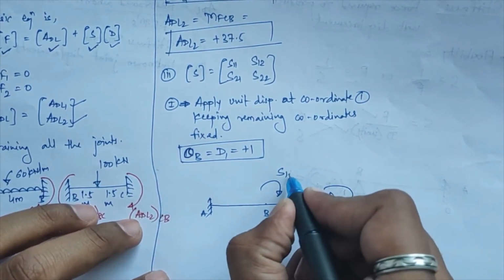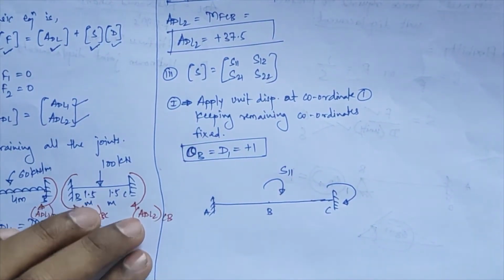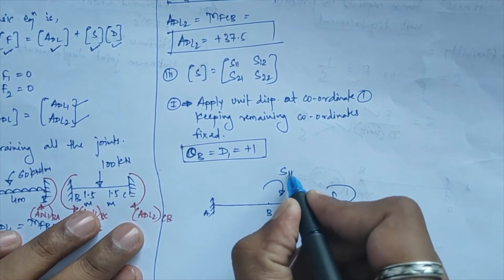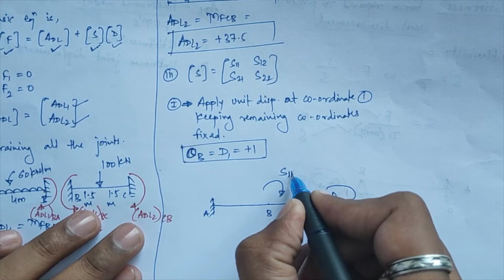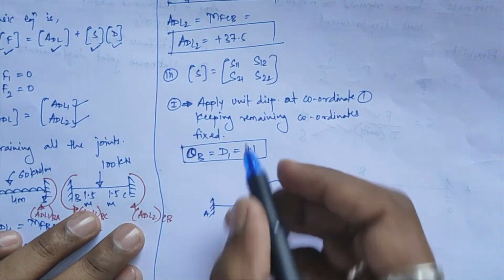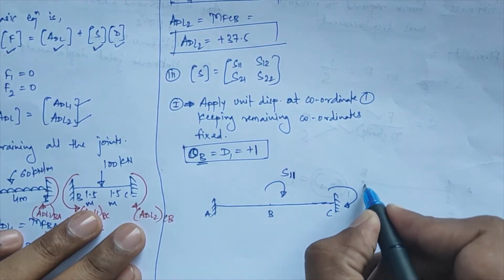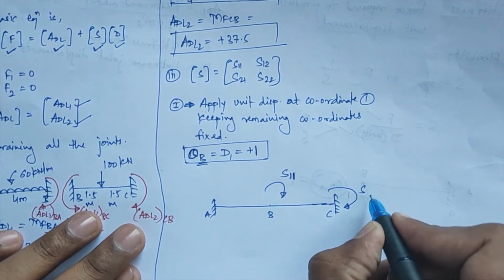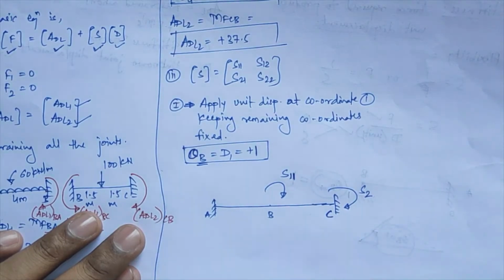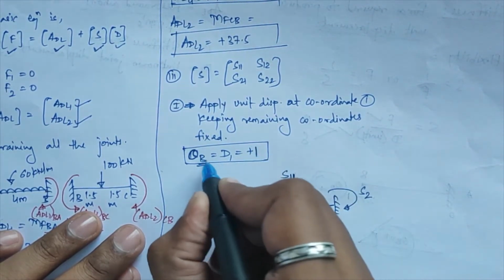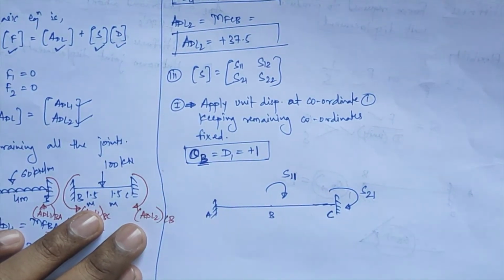When unit displacement is applied at your first coordinate, like F11, F12 those we are calculating, here we'll get this S11, the stiffness value at your first coordinate when you are applying unit displacement at your first coordinate, point B over here. What you will get? The stiffness value at your C point, that is nothing but your second coordinate, when unit displacement is still applied at the first coordinate B over there, that will become S21.